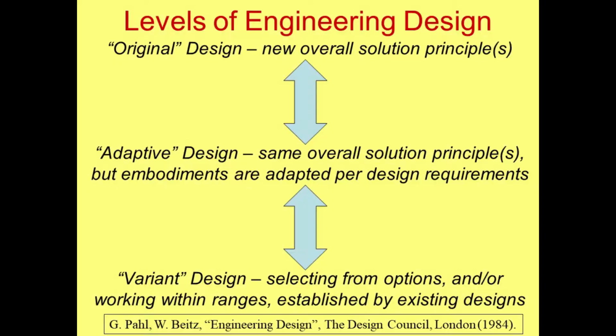Now, I want to make a few points about this breakdown. And the first one is how much gray area it has. So there are no clear, bright lines here. It's very subjective, particularly the line between original and adaptive.